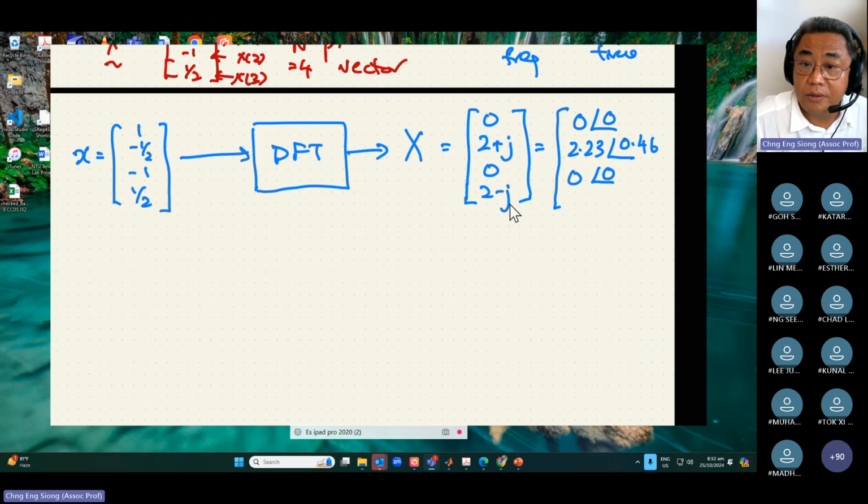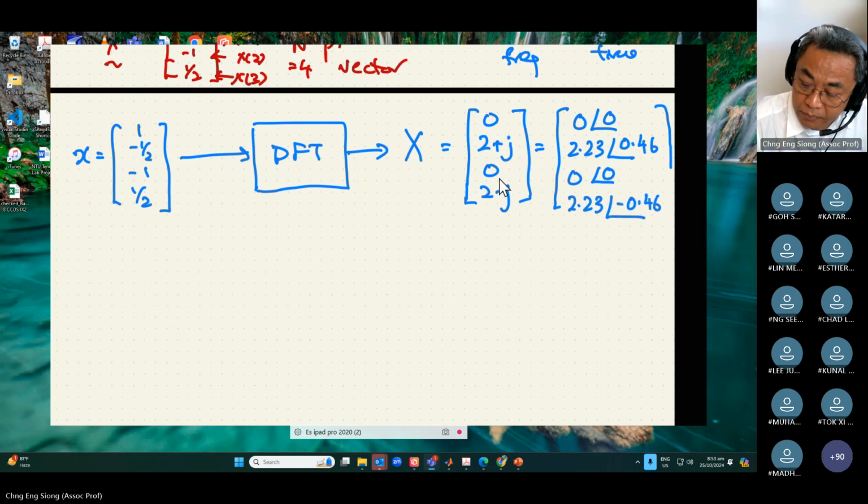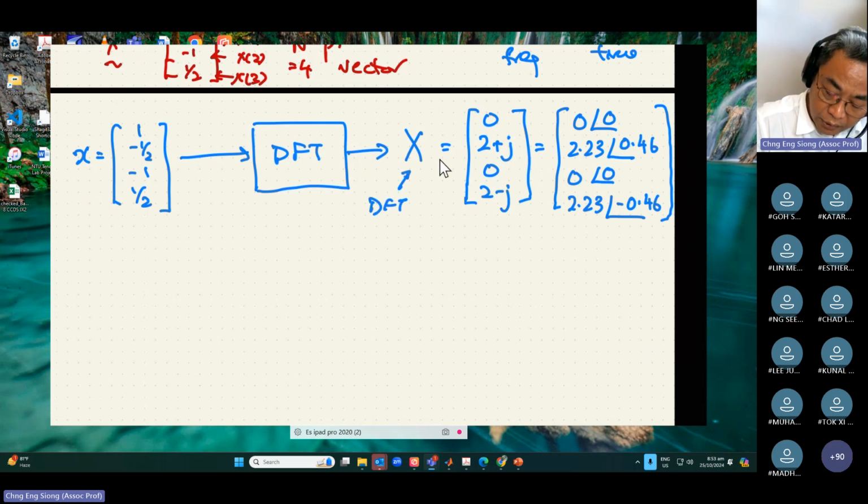This is 2 plus j, and this is the conjugate of 2 plus j, so the magnitude is the same, and minus 0.46 for the angle. You realize that the DFT coefficients are complex valued, and they always come in conjugate pairs. More on that later.